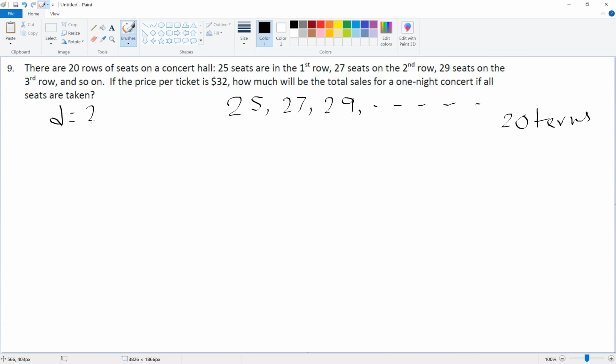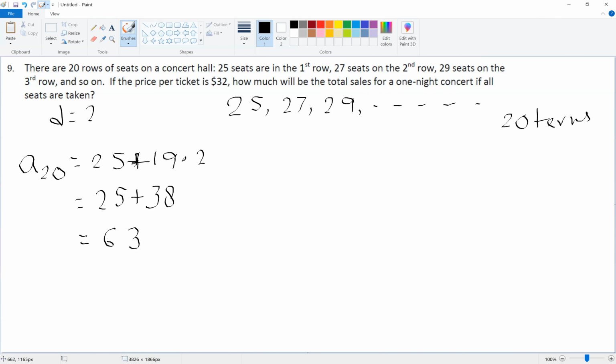And using this information, we can find the 20th term in order to find the sum of the total number of seats. So U20 equals 25, which is the first term, plus, in parentheses, 20 minus 1 times 2, which is the difference. And calculating that, I got U20 equals 63.